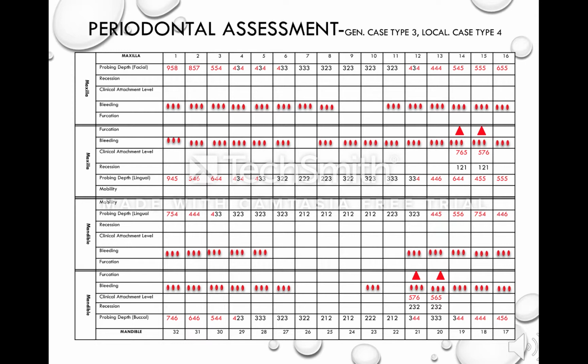His upper right and lower right are his most severe pocket depths, and his clinical attachment loss ranges from 2 to 9 millimeters in the posteriors. He has generalized bleeding throughout the oral cavity. We can even see some class 3 furcations. So his periodontal case type, again, is generalized case type 3 with localized case type 4.